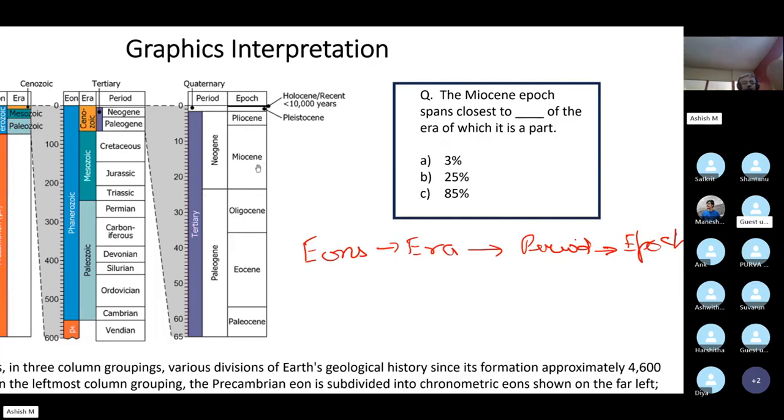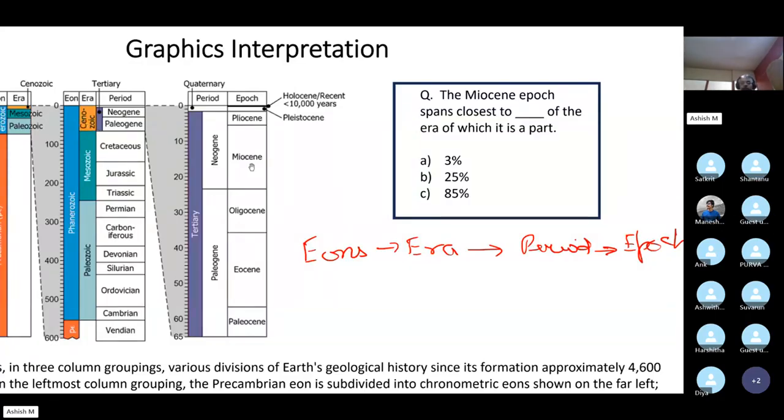And Miocene epoch, tell me, forms a part of which era? Cenozoic, right? See, Miocene is a part of Neogene period, and Neogene period itself is a part of Cenozoic era, correct?